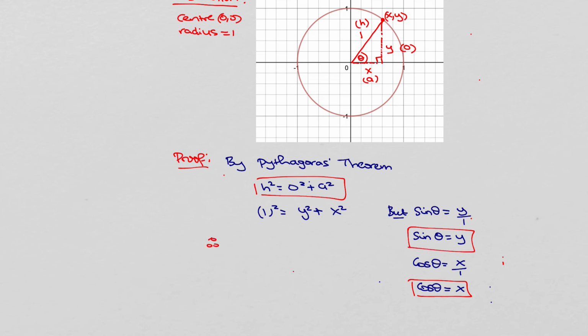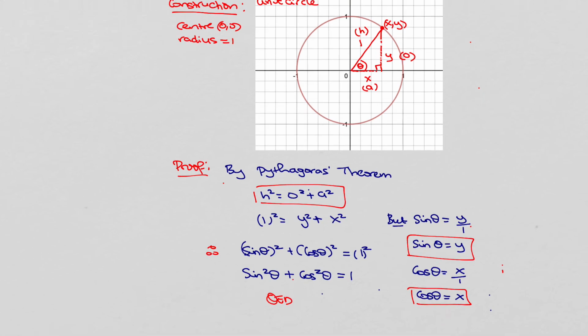So therefore, we can say that y squared, sine theta to be squared, plus x squared, cos theta to be squared, is equal to 1 squared. In other words, sine squared theta plus cos squared theta equals 1.